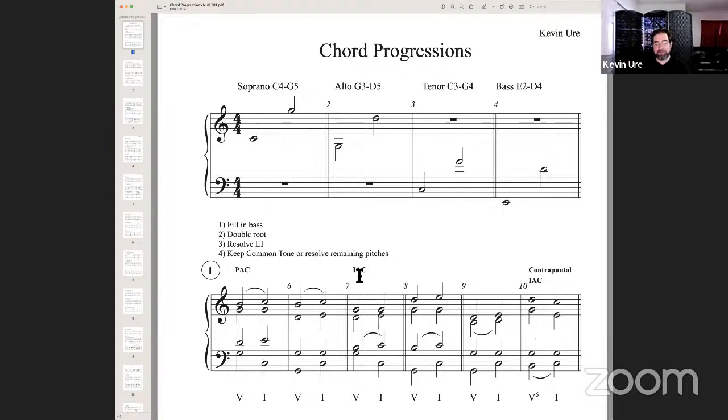If you do something like this, where it becomes imperfect, right? Now we have a fifth in the soprano, which actually wouldn't be done in the classical period. And here's a 3 in the soprano, which would be done in the classical period, but these would both be considered imperfect authentic cadences. And so what's happening here is we have this strong foundation and it's not being reinforced in the soprano.